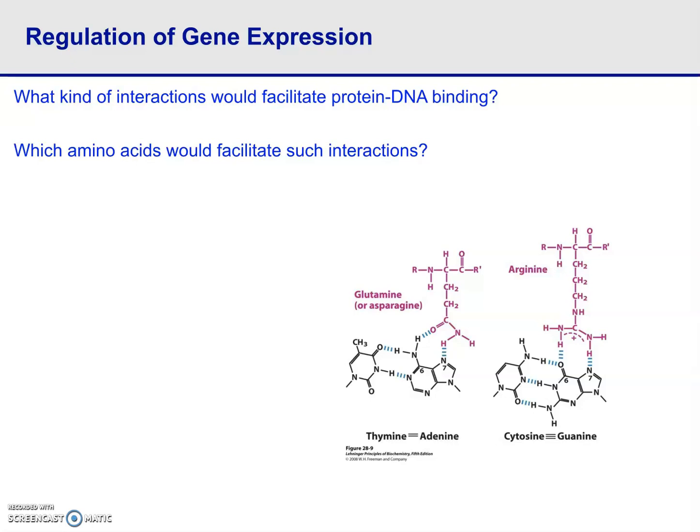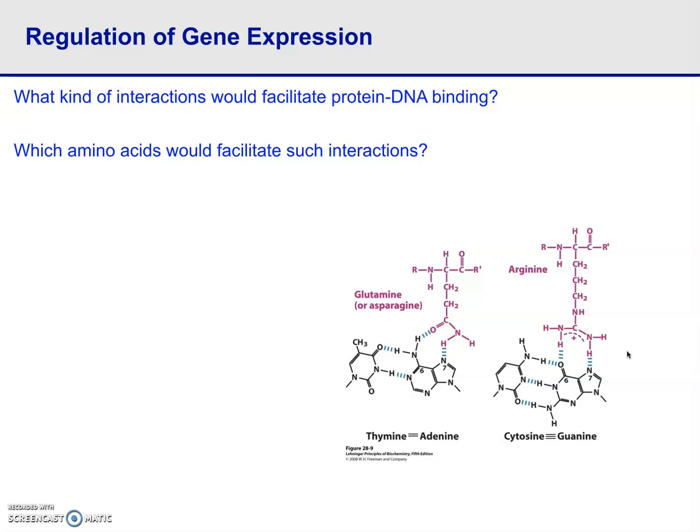The regulatory proteins interact mostly with the major groove, forming hydrogen bonds with the bases. We see some examples of hydrogen bonds formed with the bases of the major groove. Now, which amino acids will facilitate such interactions? Well, we just said hydrogen bonding and electrostatic interactions.